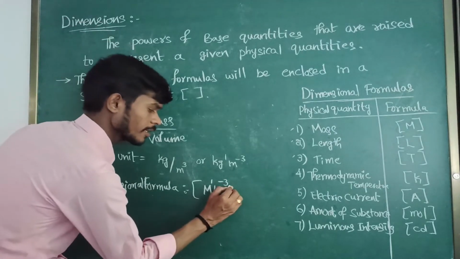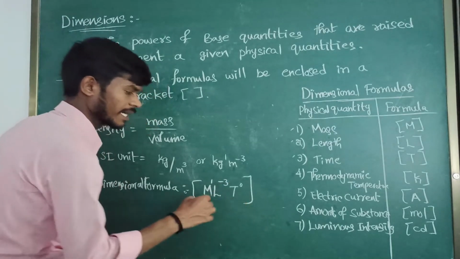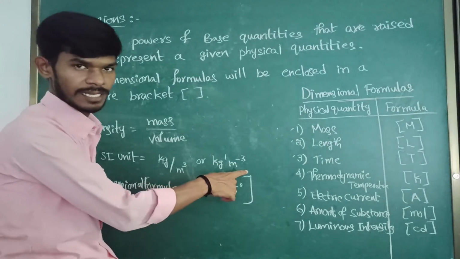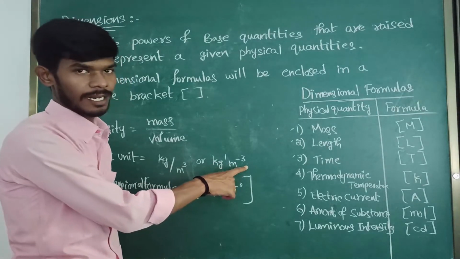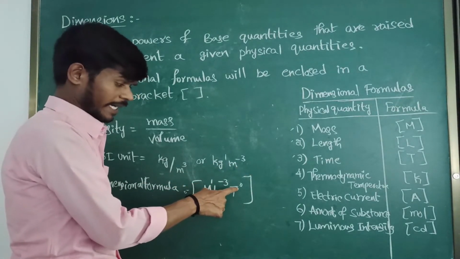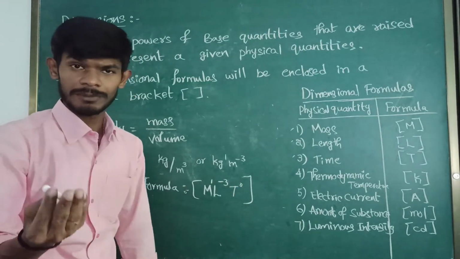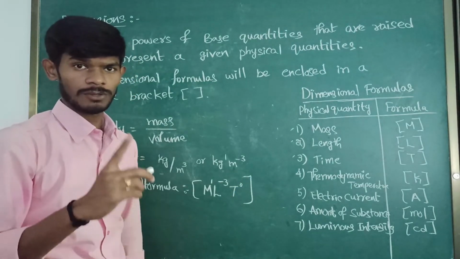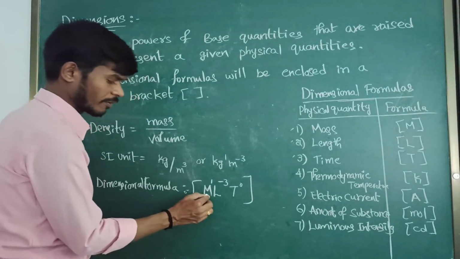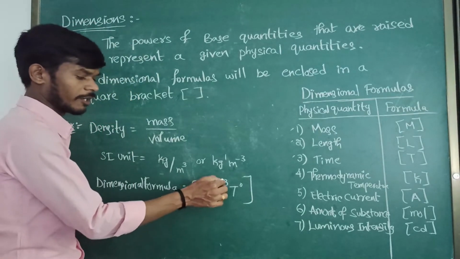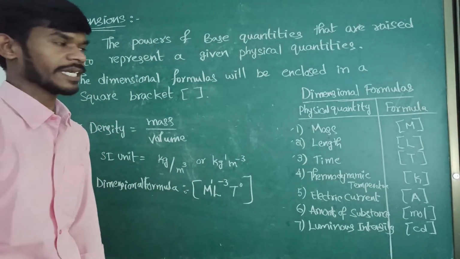Can we write T power 0 here? Yes, because there is no time dimension present. Anything to the power 0 is equal to 1 only, right? So again we get the same: M power 1 L to the power of minus 3.